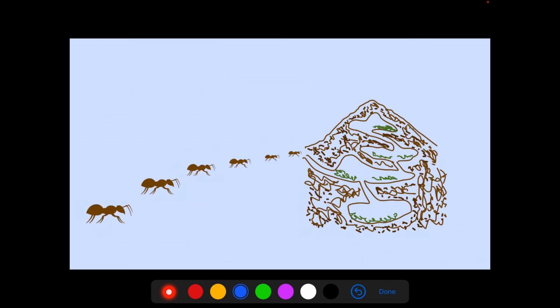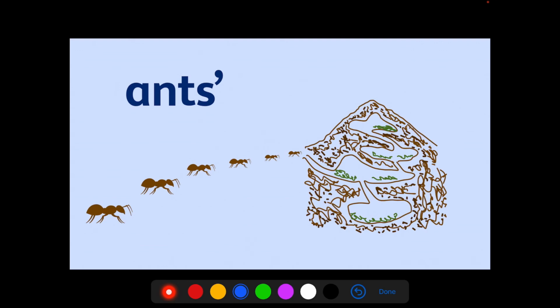But if there was more than one ant, and there usually are, we would write ant with suffix S, the way we do, and just an apostrophe would go at the end of it. Ants'.